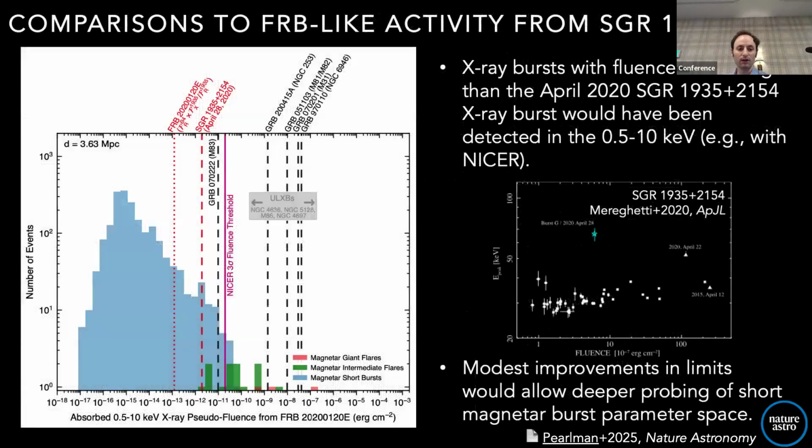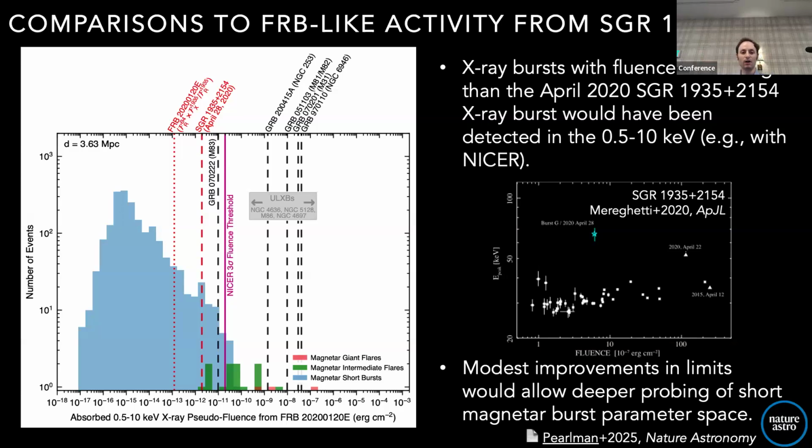And what we did was we took the catalog of known magnetar bursts, short bursts, giant flares, intermediate flares, and we asked the question, if they were produced from the globular cluster in M81, how many of those would we have detected? Can we rule out entire classes of these types of events?